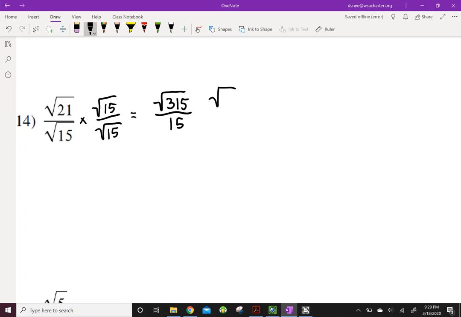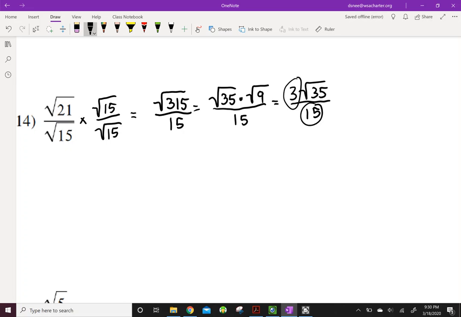So the square root of 35 times the square root of 9 divided by 15. And I know that the square root of 9 is 3, so now I have 3 root 35 divided by 15. And 35 is not divisible by any perfect squares, so all I'm going to do is divide these numbers here.